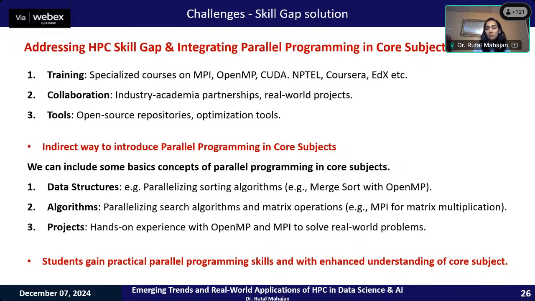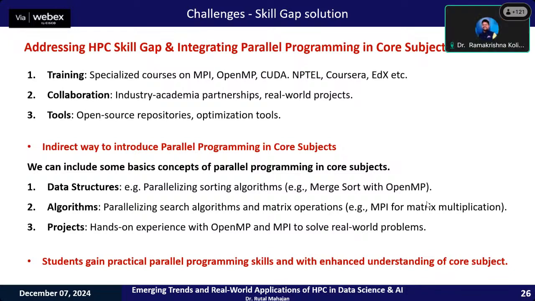For that, C, C++, Fortran, these kinds of languages, or OpenMP and MPI concepts are required. I hope I answered your question.